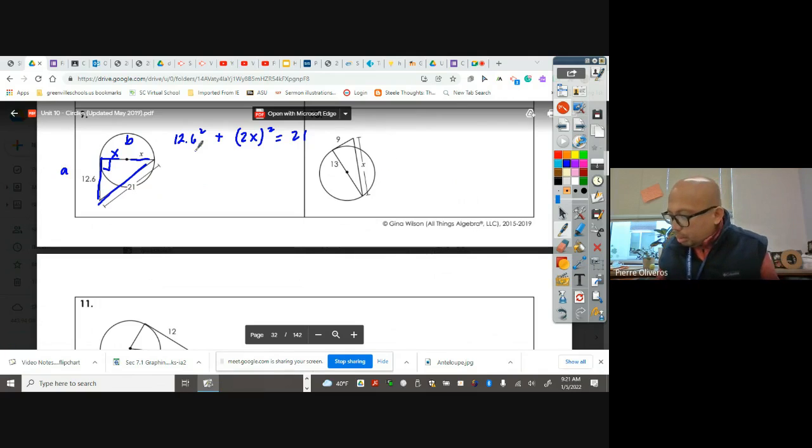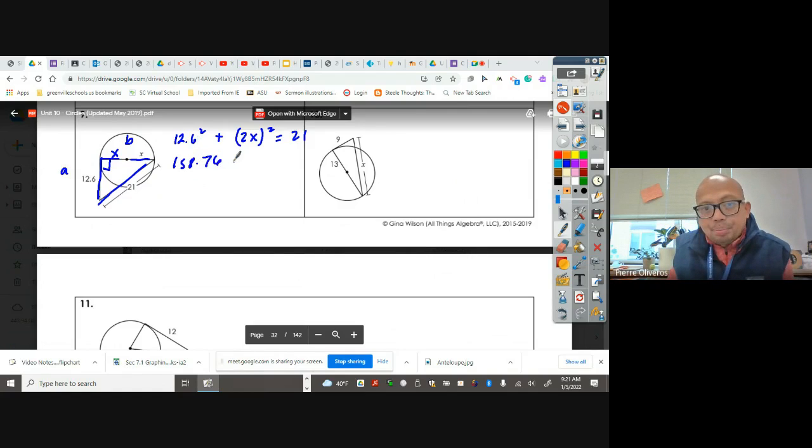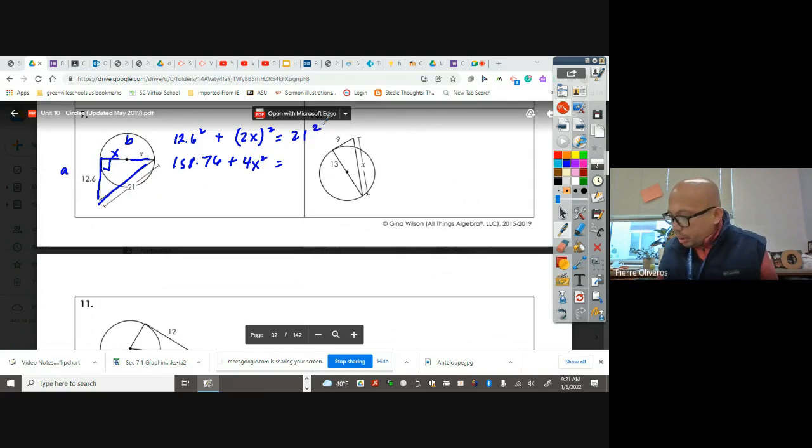Now, 12.6 squared is 158.76. What is 2x squared? 2x squared is 2x times 2x. So the answer should be 4x squared is equal to 21 squared, which is 441.